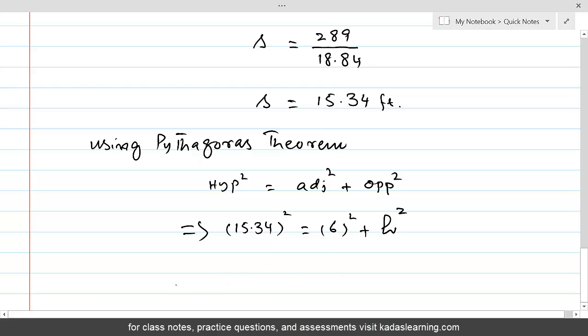and that is h square, and we can find the value for h square equal to 15.34 square minus 6 square.